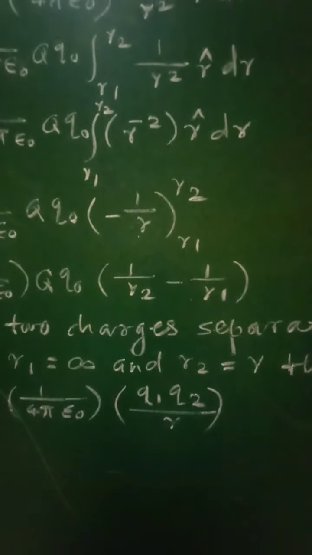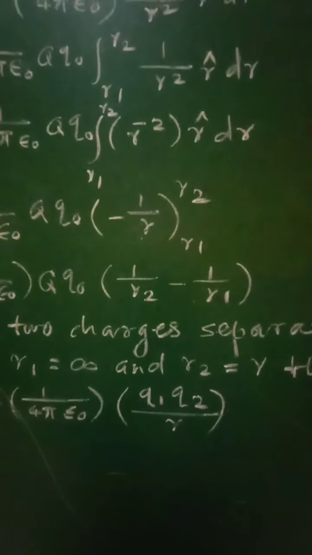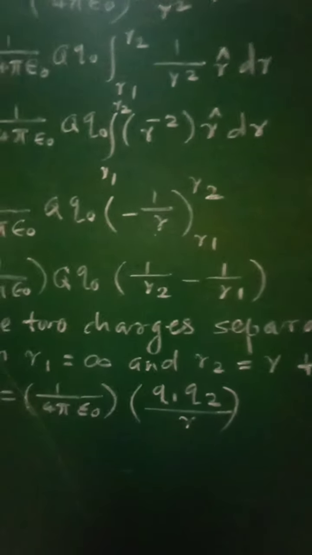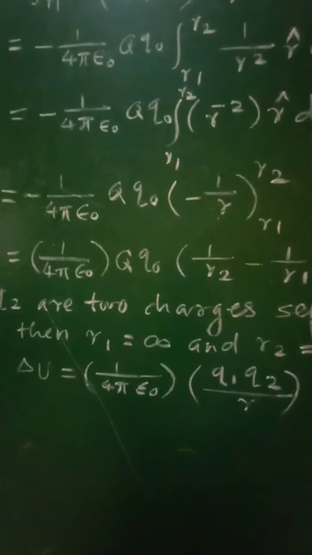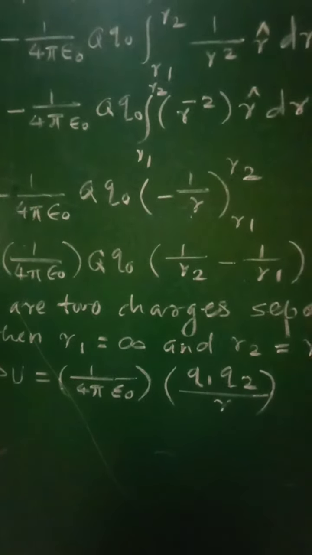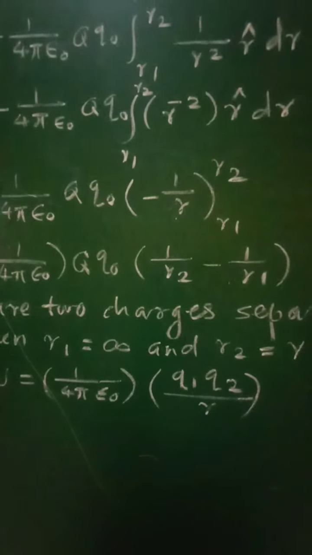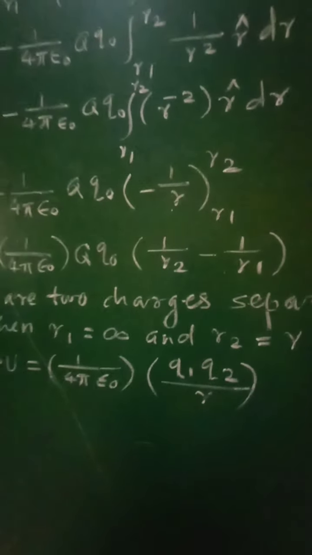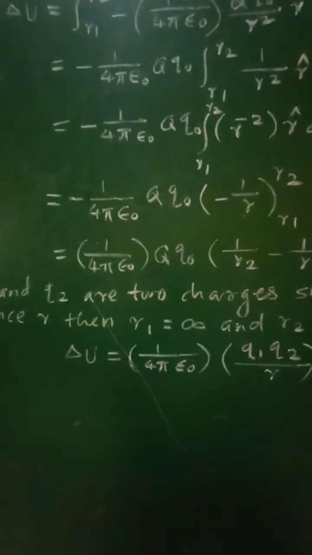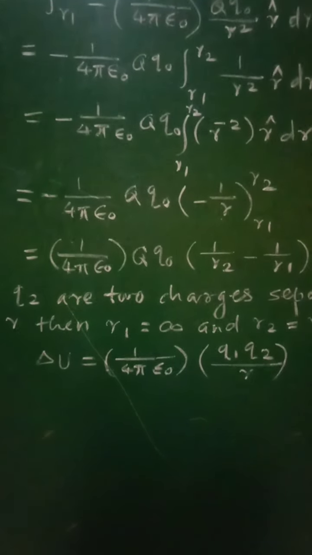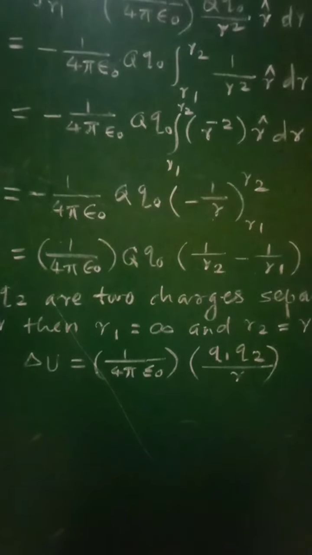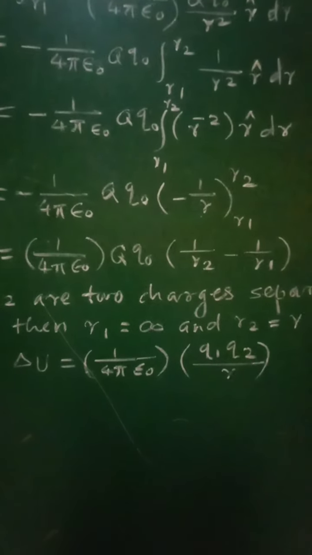Now r raised to minus 1 will be written as 1 by r with that negative sign, and therefore delta U will be equal to minus 1 upon 4 pi epsilon 0 q0 into minus 1 by r from r1 to r2. That will be written as delta U equal to 1 upon 4 pi epsilon 0 q0 into 1 upon r2 minus 1 upon r1.